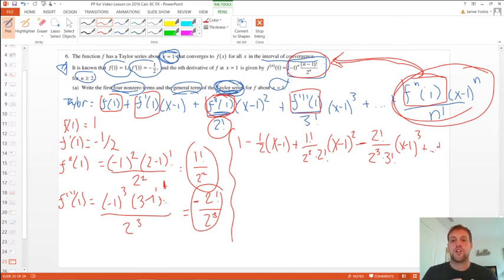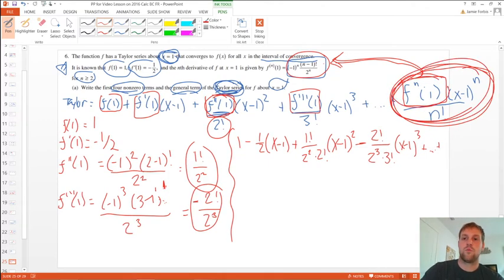If I want the general term here, okay, I already have the general term from my Taylor series, but instead of f^(n)(1), we're plugging in this derivative. So I'm going to try to squeeze it all in here if I can. I might have to erase just a little bit here. Plus dot dot dot.